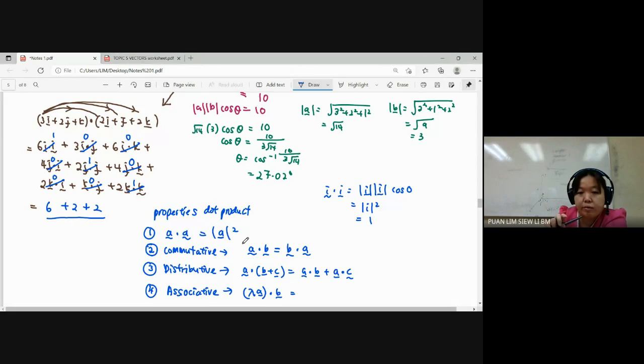So commutative law maksudnya dalam dot product dia boleh terbalik sebab A dengan B, B dengan A adalah benda yang sama, sebab angle di antara mereka tak kisah kita start dari sini ke sini ataupun sini ke sini, sama benda. So commutative law means I can change, saya boleh tukar position dia. Bila saya buat dot product A dot B, saya boleh tukar B dot A bila diperlukan lah.